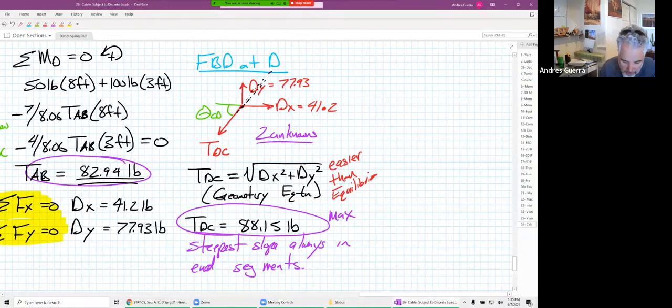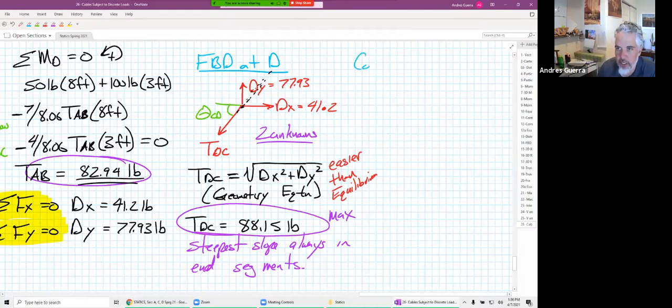We could use this FBD to find theta, but let's look at another FBD to find our geometry.